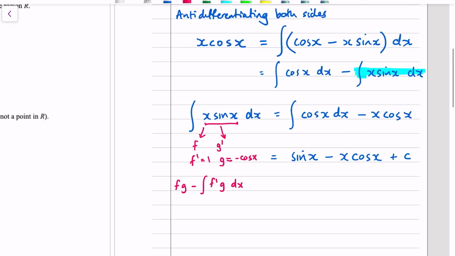And fg in this case is, 1 times sine x, and the integral of f dash g is the integral of negative cosine. The integral of negative cosine is negative sine, but there's also a minus there, so we get sine of x plus... what has happened?